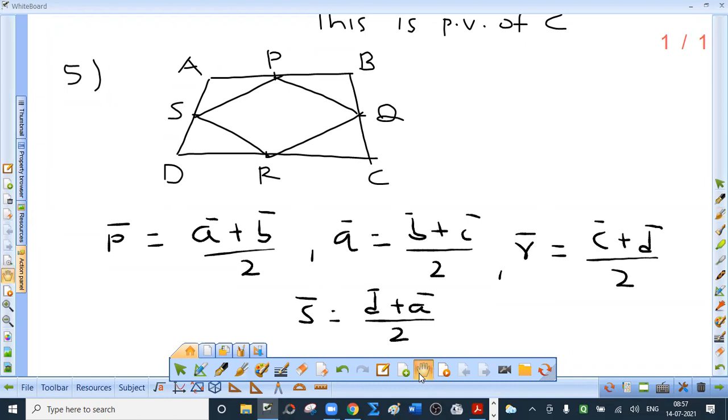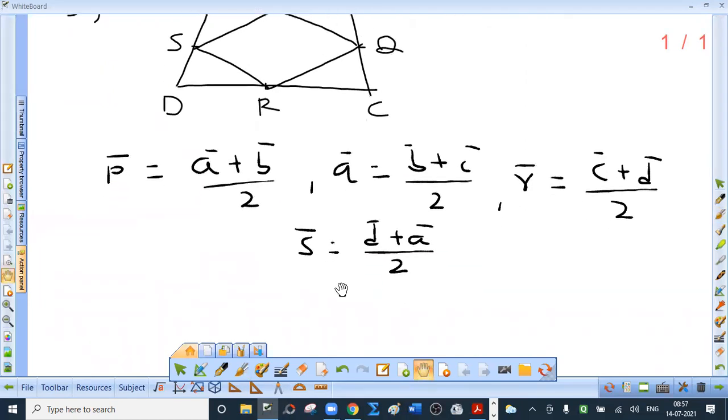See, it is sufficient to prove that in a quadrilateral, one pair of opposite sides is not only parallel but congruent. It is as good as proving that the quadrilateral is a parallelogram. You may also say, can we prove that diagonals bisect each other? Okay. So here, what is PQ bar?